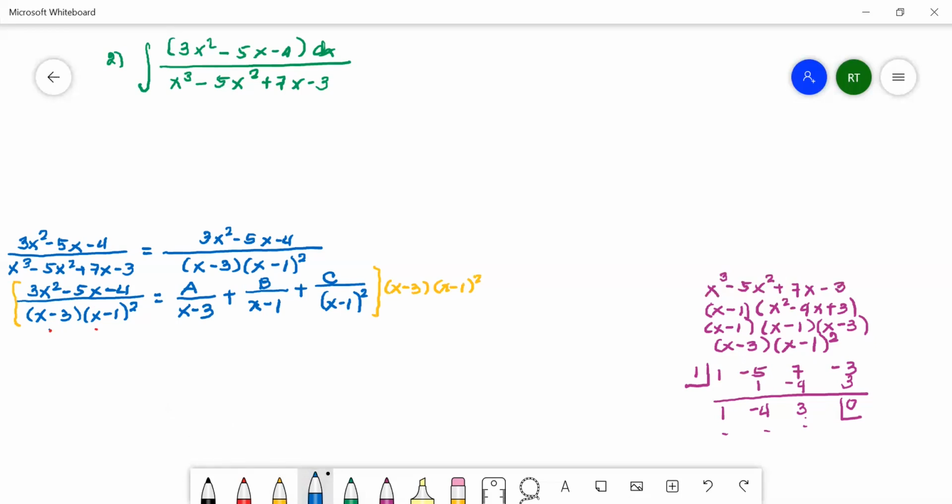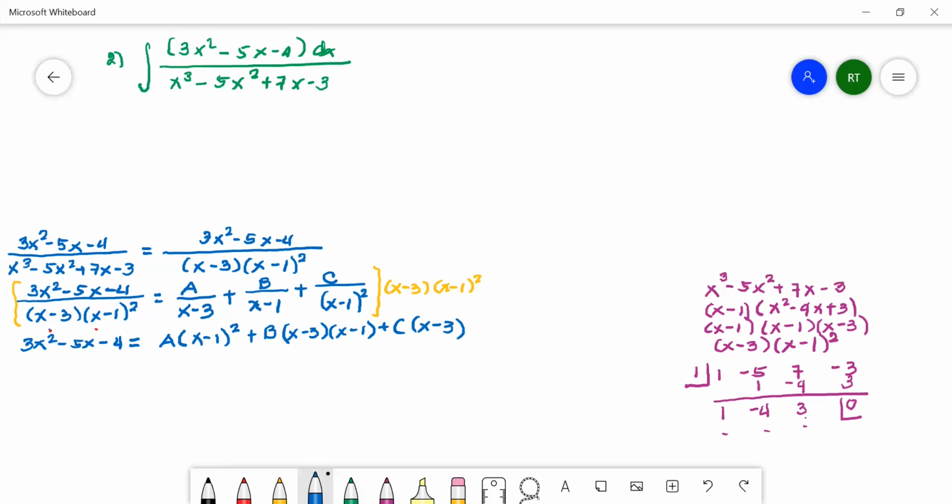The left member is 3x squared minus 5x minus 4 equals, multiplying the right member terms by the LCD, A times x minus 1 raised to the second power plus B times x minus 3 times x minus 1 plus C times x minus 3. So we have the equation in factored form.